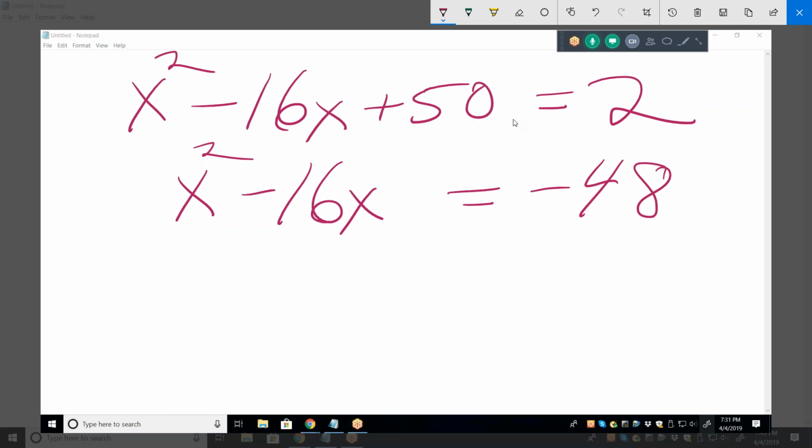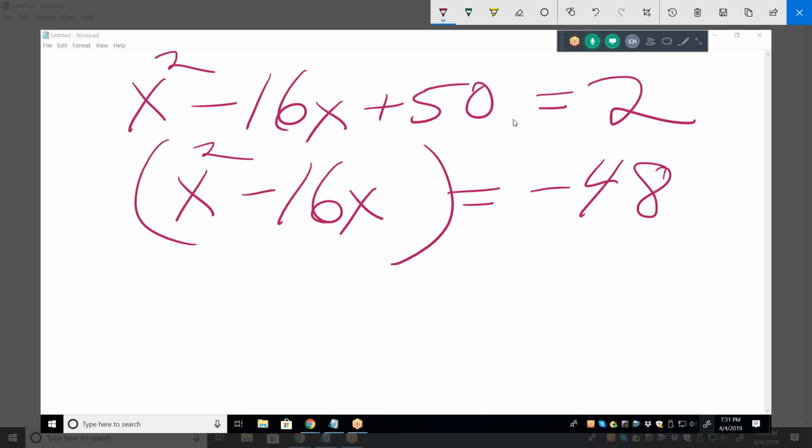Okay? Now I want to complete the square. Well, how do I complete the square there? Square root both sides. No, it's not square. Sorry. Completing the square is a process. You take half of the coefficient of the x term and square it.